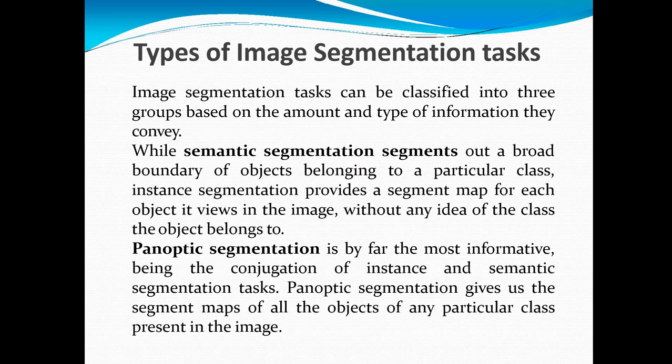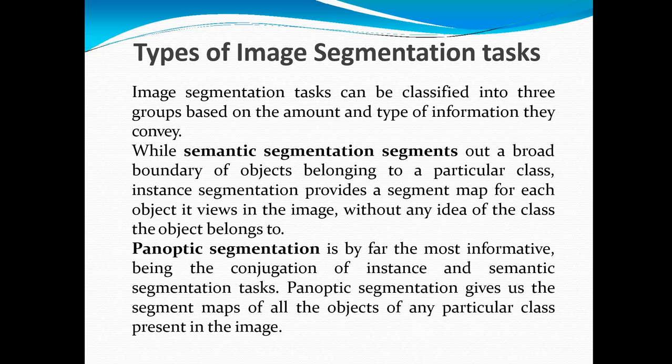Types of image segmentation tasks. Image segmentation tasks can be classified into three groups based on the amount and type of information they convey. While semantic segmentation segments out a broad boundary of objects belonging to a particular class, instance segmentation provides a segment map for each object it views in the image, without any idea of the class the object belongs to.